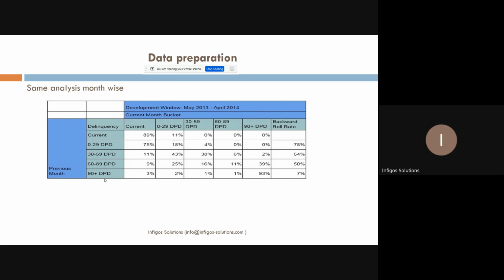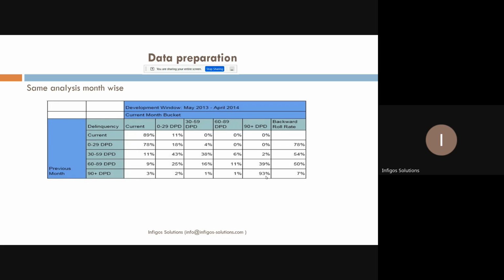In this definition, you see that current almost stays normal, right? 30-day past due, 78%. And 90-day past due, 93%, he will basically default again. So you want to maximize this number.